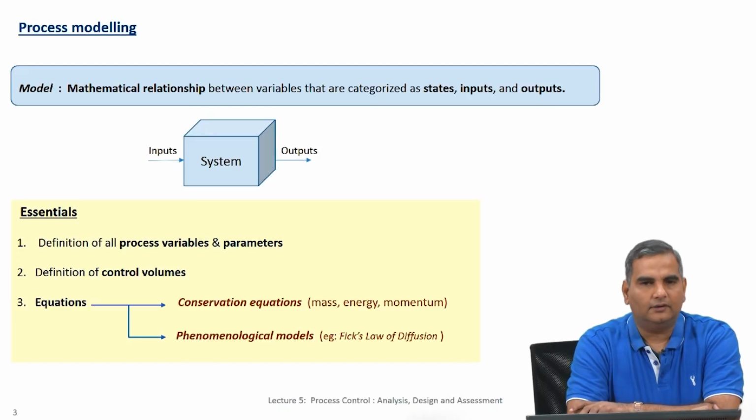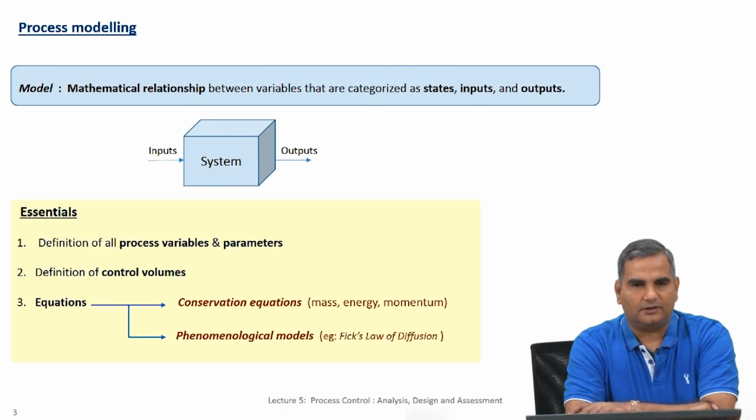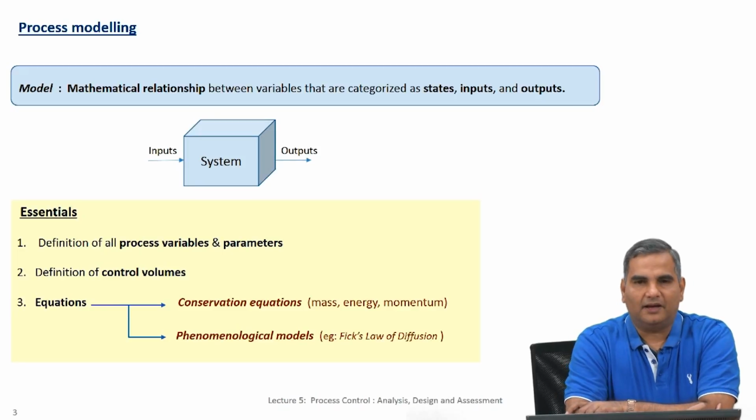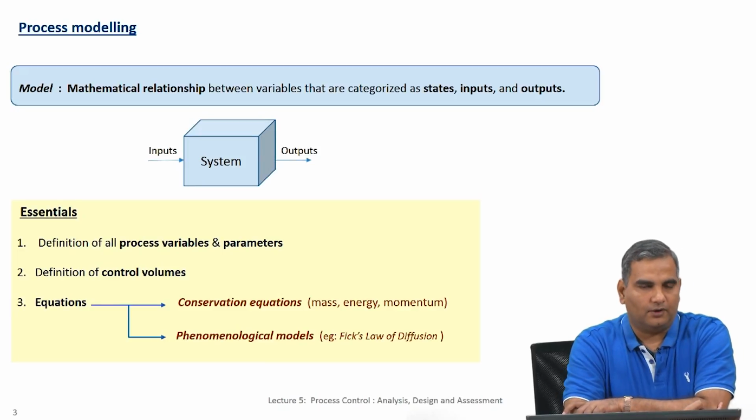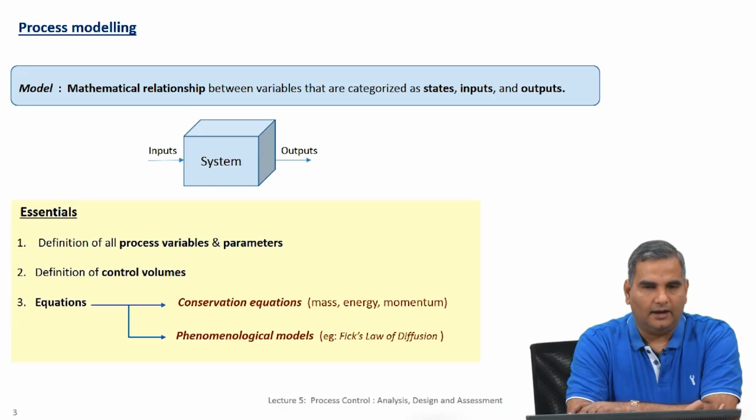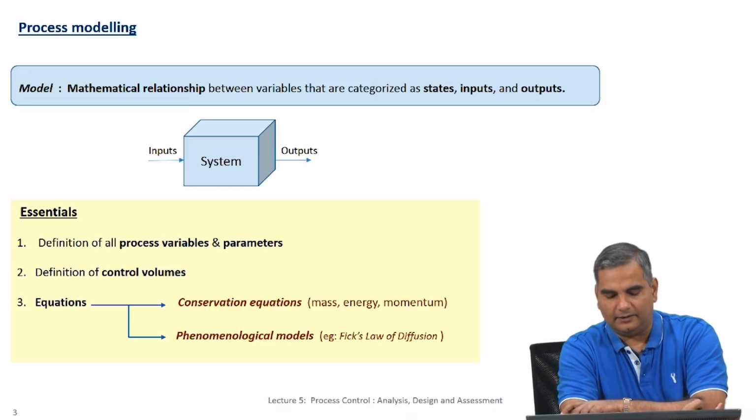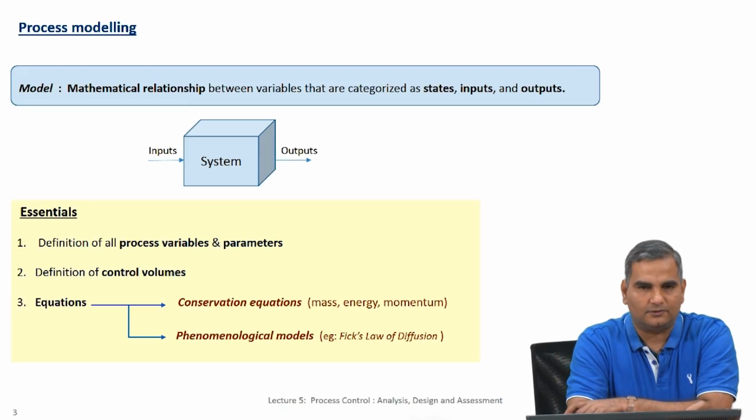So, model essentially means that you are going to write certain conservation equations, and the typical conservation equations that one writes are mass conservation, which is very important in chemical engineering, and energy conservation, and we also write momentum conservation, not as much maybe in chemical engineering problems, but these are the three main conservation equations we write.